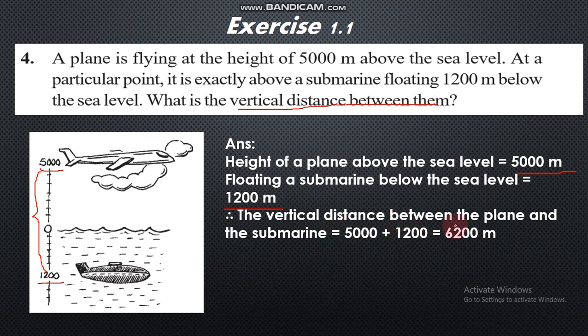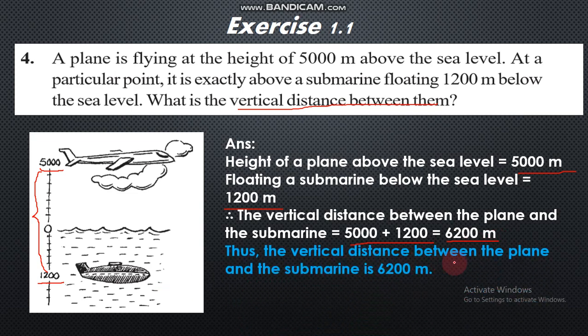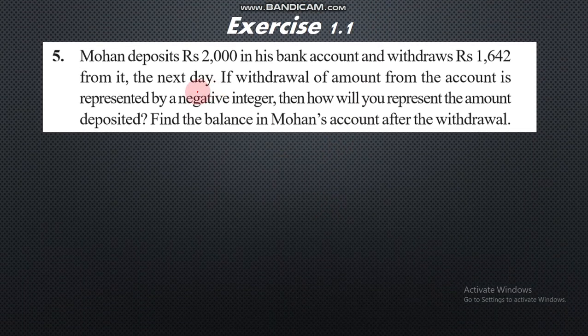So the vertical distance between them, I am adding 5000 plus 1200. The answer is 6200 meters. Thus the vertical distance between the plane and the submarine is 6200 meters. Let's go to the next question.